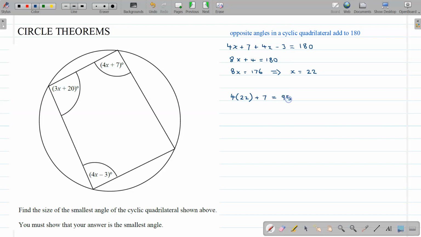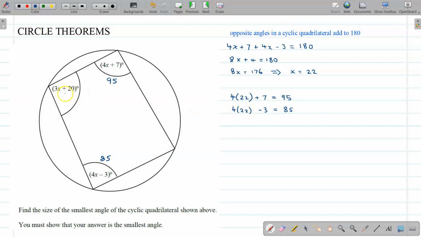That's the angle for the top one here. We already know that the other one opposite would be 85, but for completeness, let's show the working for that. 4 times 22 minus 3 is indeed 85, which is what we would expect.